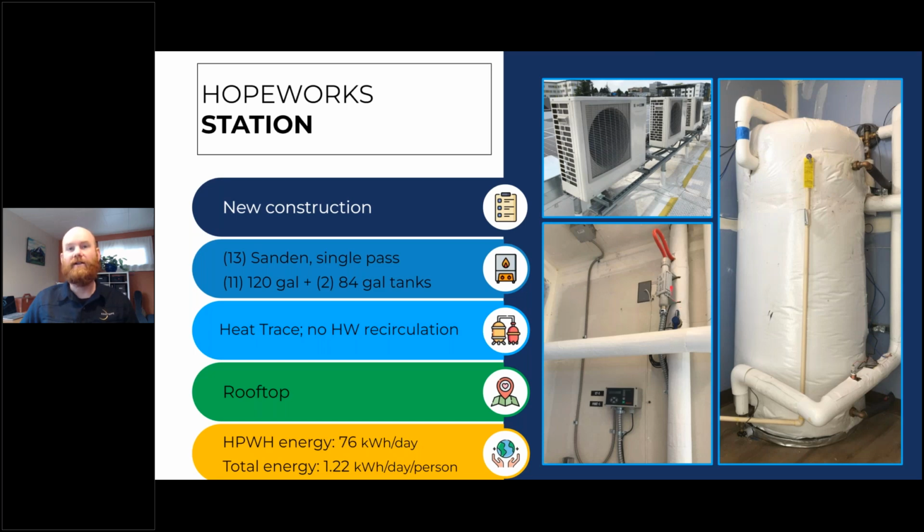And unfortunately, the electric resistance heat trace is operating more than we intended it to, or modeled it to, which is creating a degradation on that system COP, or the entire efficiency of the system. But it does allow the Sandin heat pump water heater to operate in a really efficient state, and also very, very reliably.